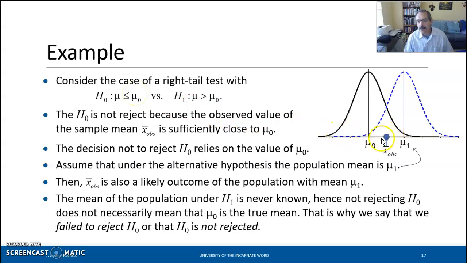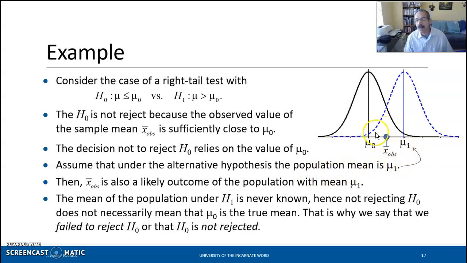Because it's relatively close, very likely we will not reject the null hypothesis. And notice that the decision about the null hypothesis relies on the value that is proposed for the null hypothesis, mu sub 0. But now let's assume that we happen to know the mean under the alternative hypothesis, and that mean is mu sub 1.